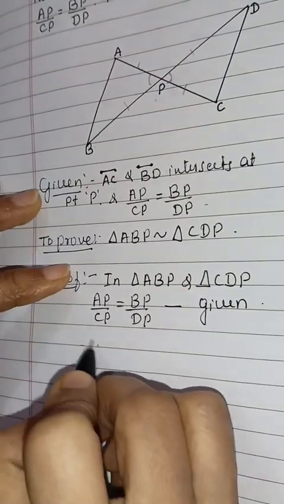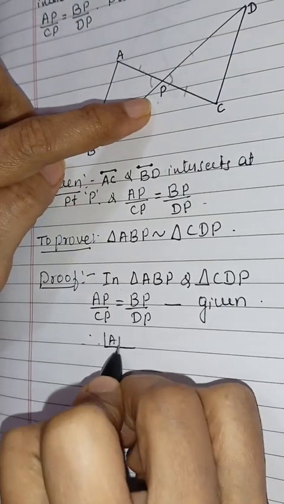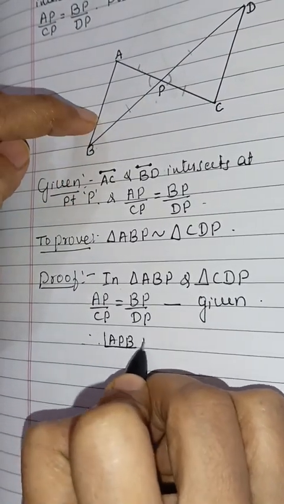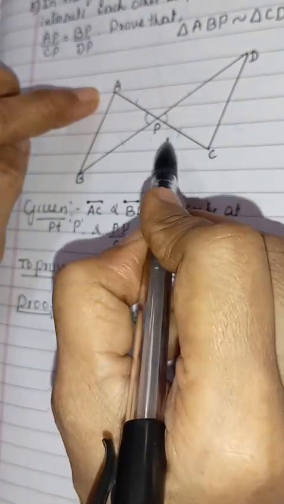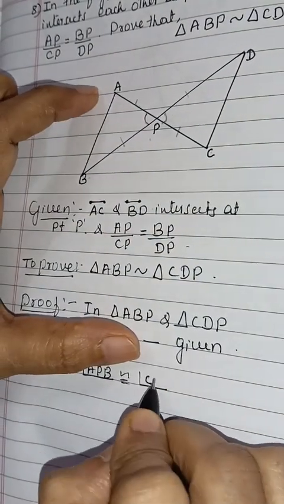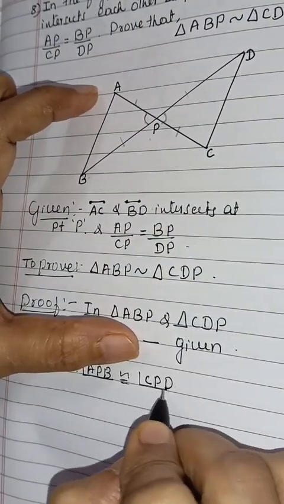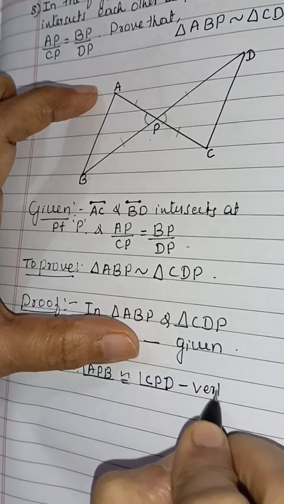Therefore, angle APB is congruent with angle CPD, see this angle APB, this angle is congruent with CPD, because of vertically opposite angles.